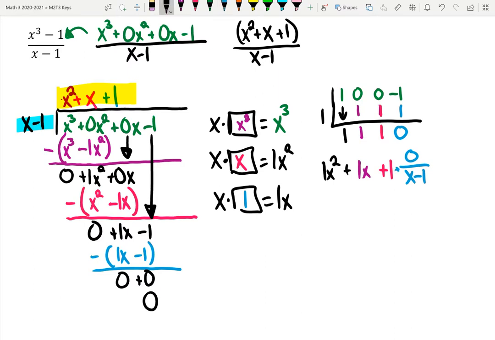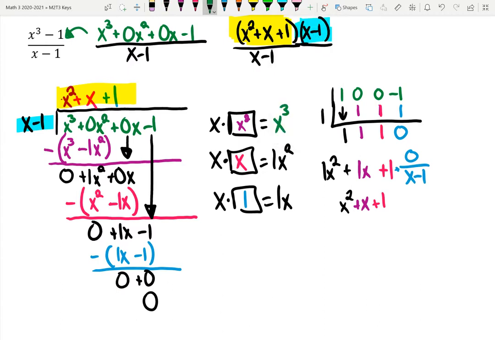This cleans up to be x squared plus x plus 1, the same as I got from long division. You might notice that upon doing this, I also have to write the divisor, x minus 1.